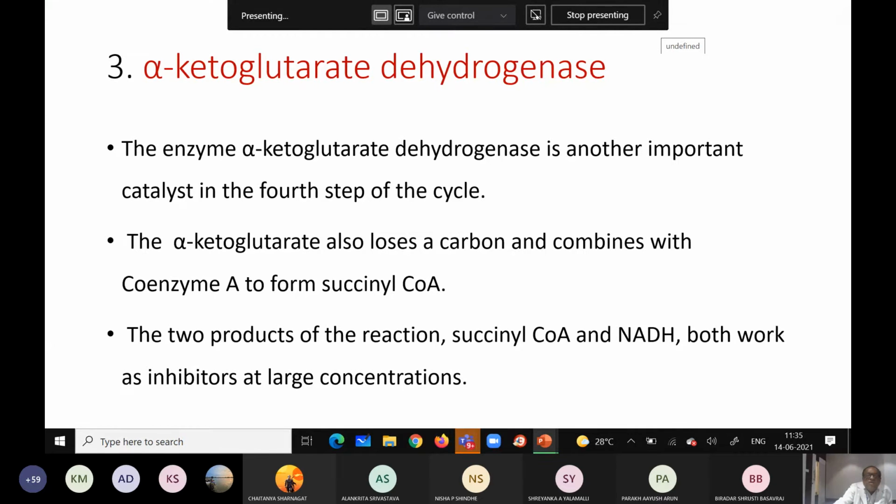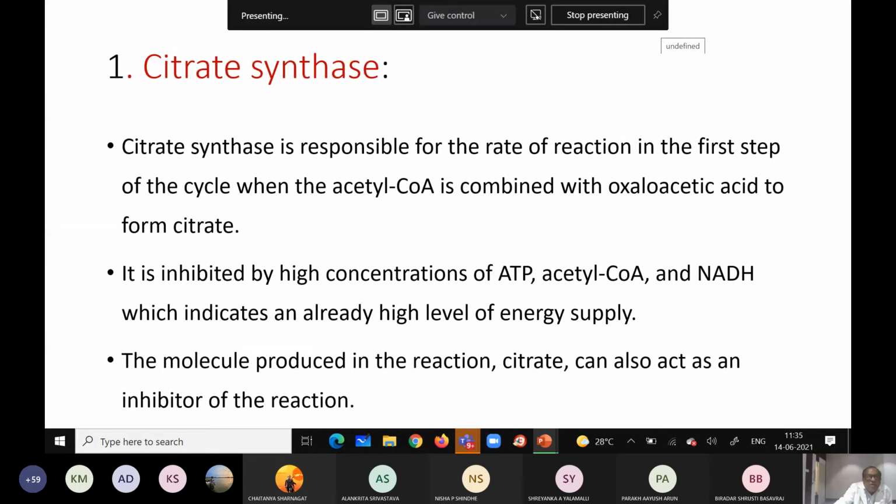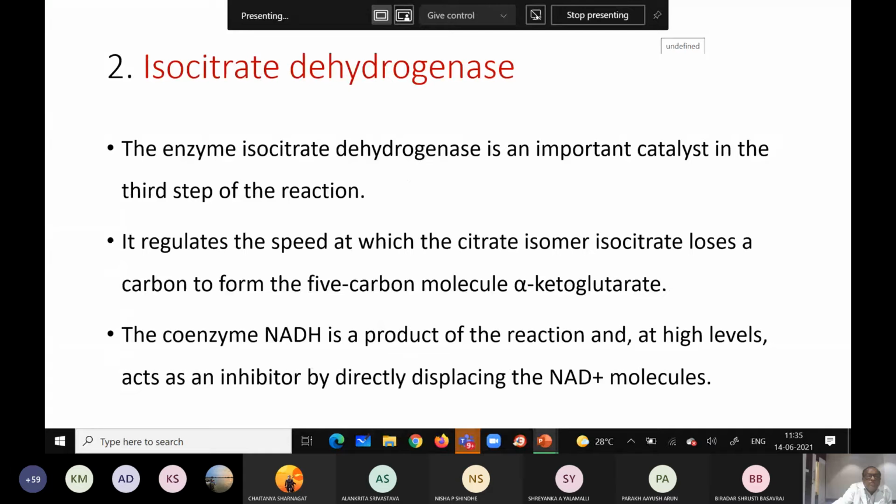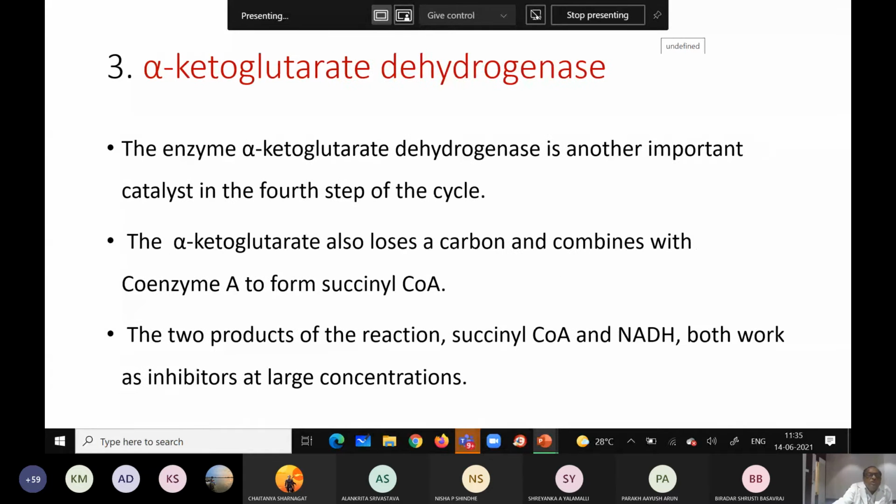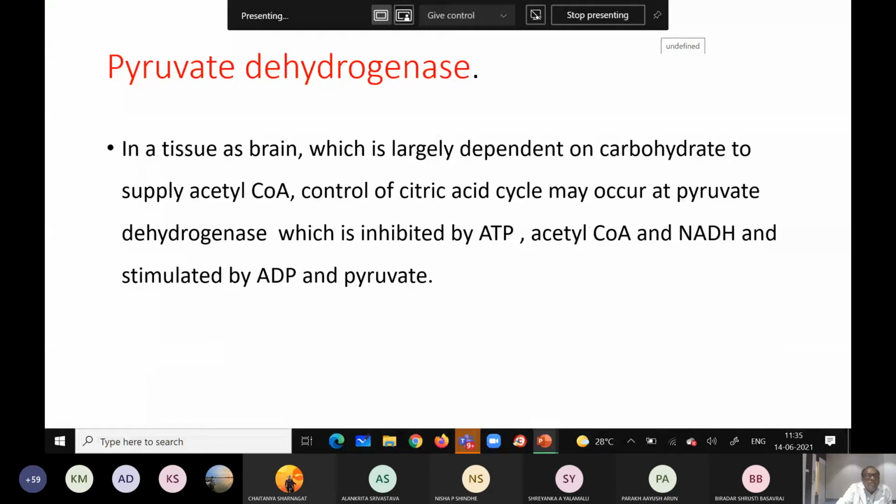So there are three enzyme levels. One is citrate synthase, the second is isocitrate dehydrogenase, the third is alpha ketoglutarate dehydrogenase, and another one is pyruvate dehydrogenase. What happens?